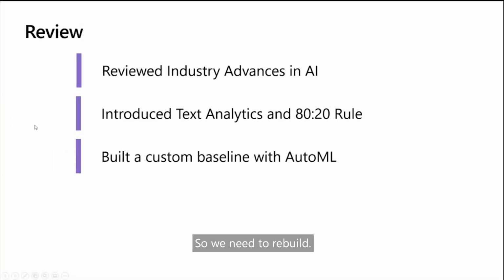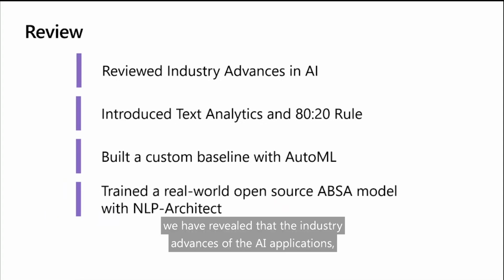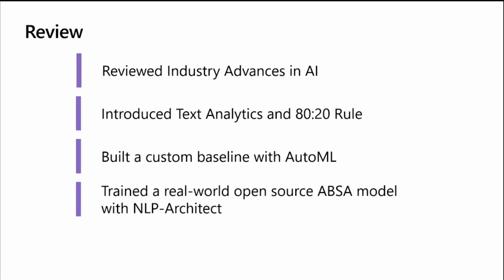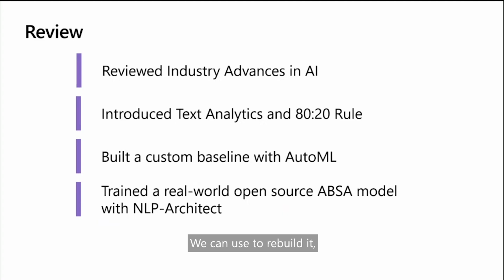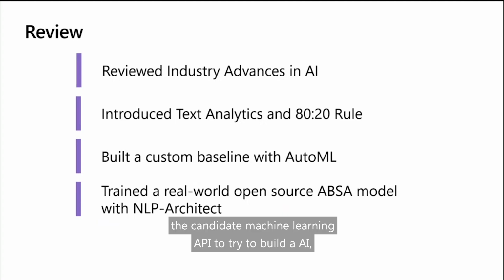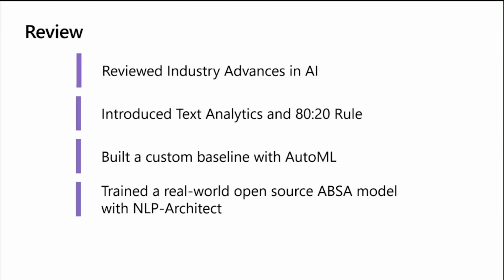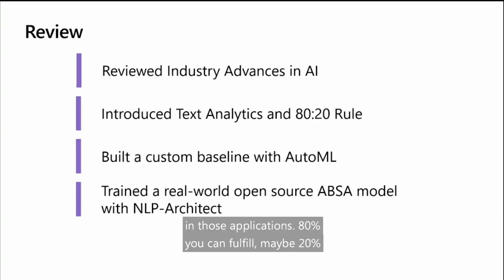So in the review, we have reviewed the industry advance of AI applications. We have introduced the Text Analytics 80/20 rule. For 80% of applications we can use the pre-built Cognitive machine learning APIs to build AI-infused applications. 80% you can fulfill.